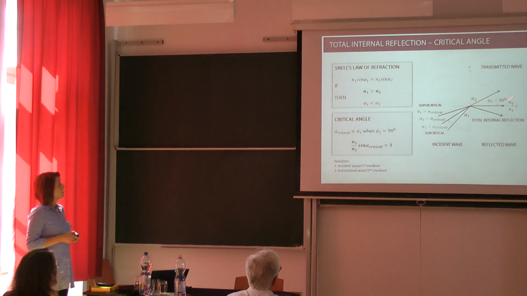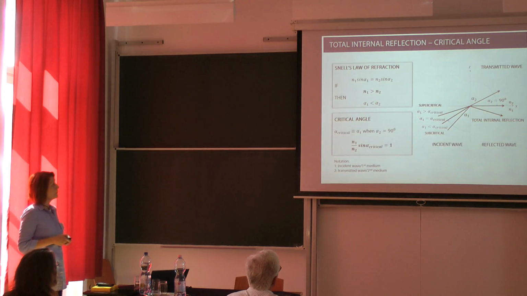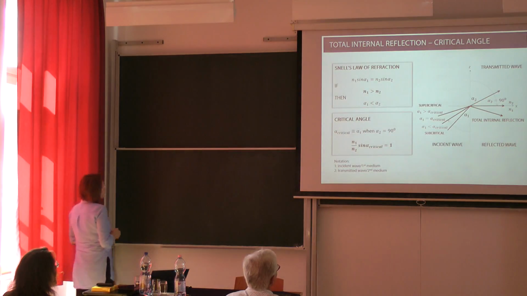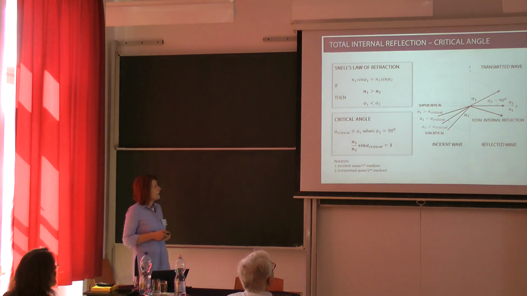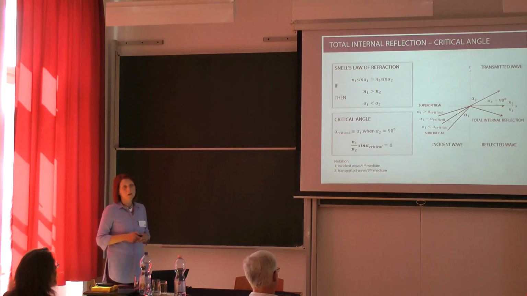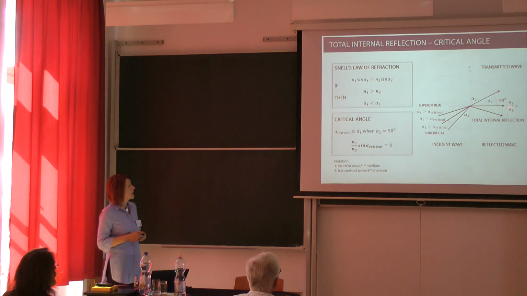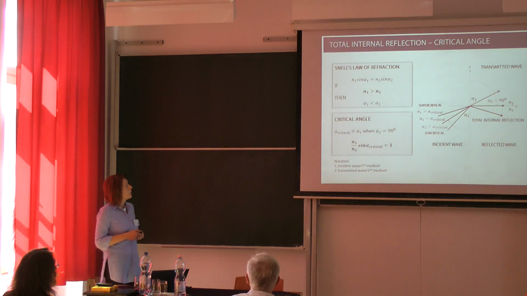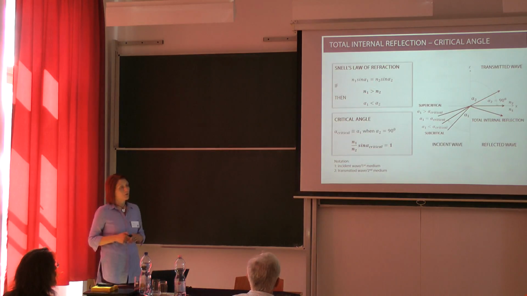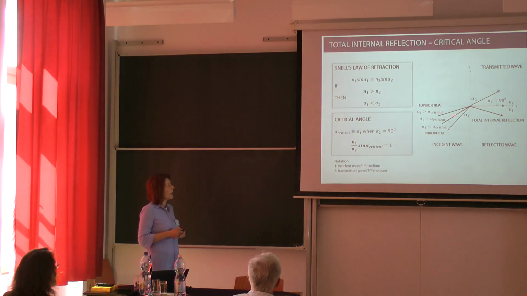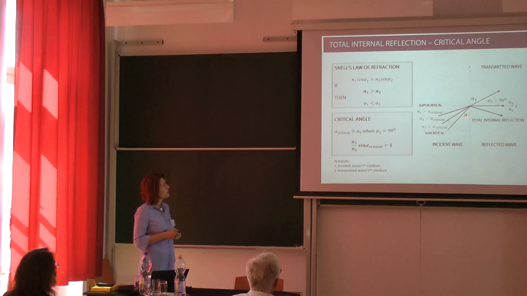So it can be refracted or it can be reflected. Now if we consider that the refractive index of the first medium is larger than the refractive index of the second medium, from Snell's law of refraction, we can predict that the angle of refraction, this alpha 2, is larger than the angle of incidence.